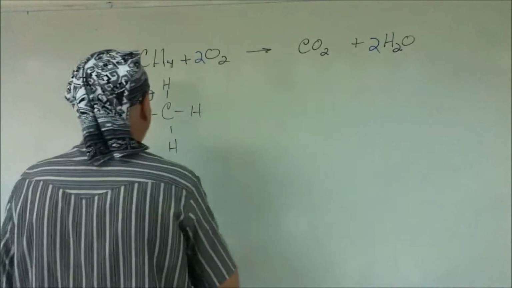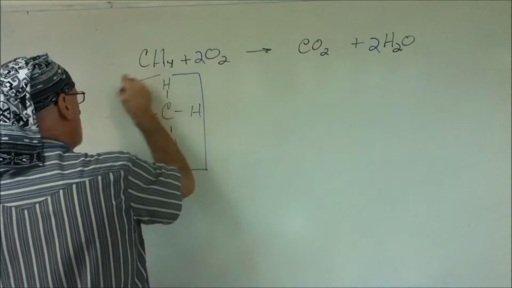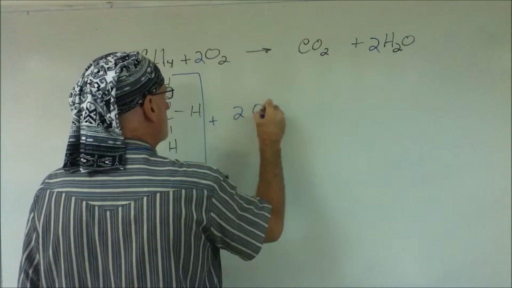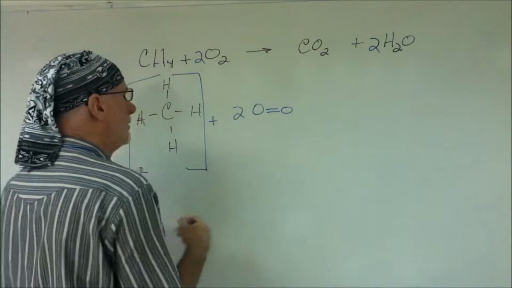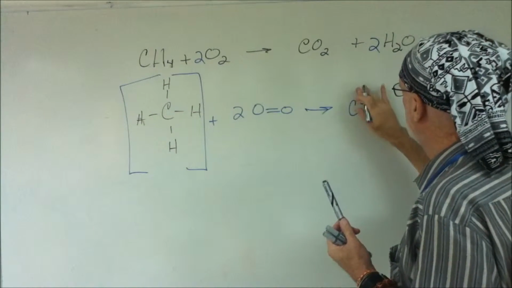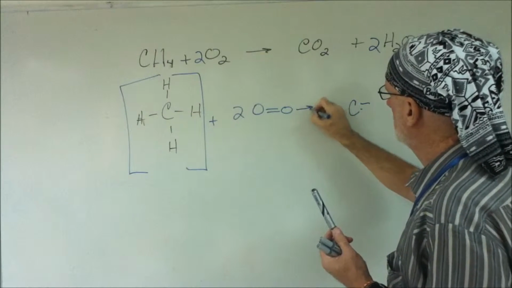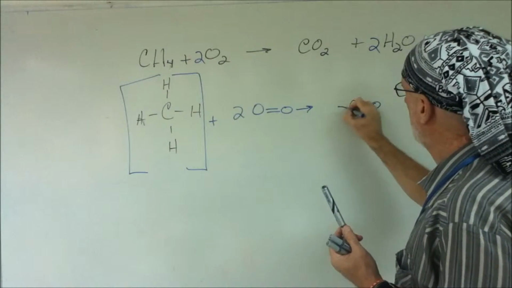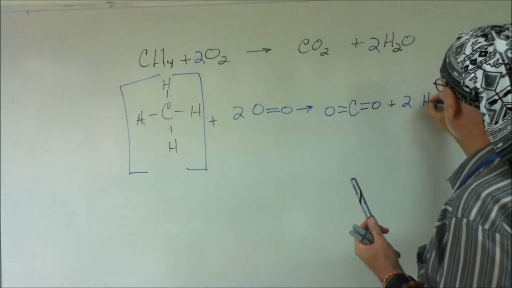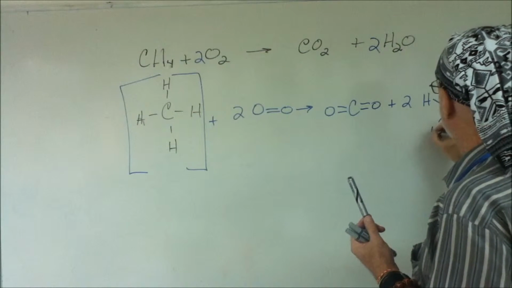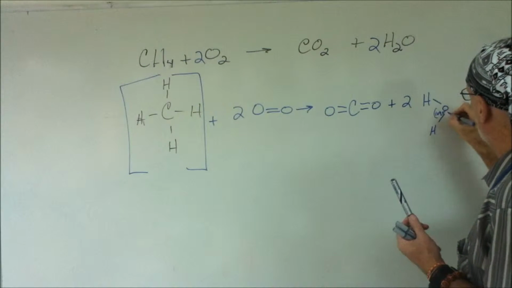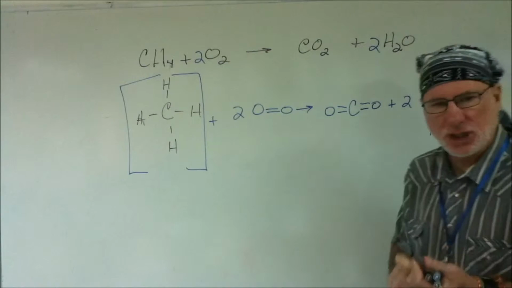So we have this, plus 2 of these, and then just 1 of these, and then 2 of these. You remember that? That's 109.5. Shall I make that a little clearer?